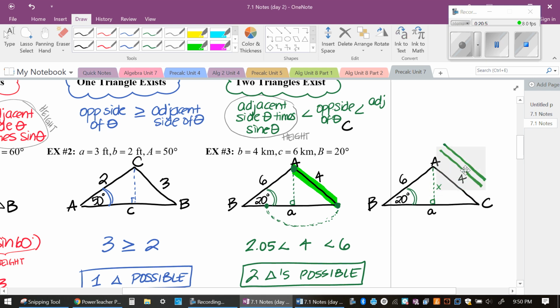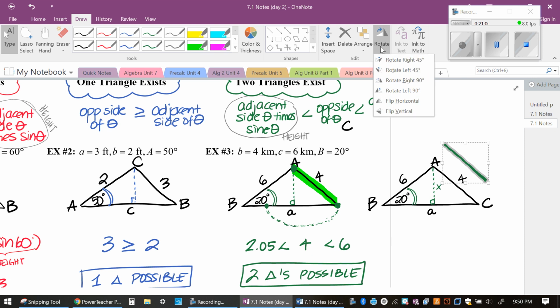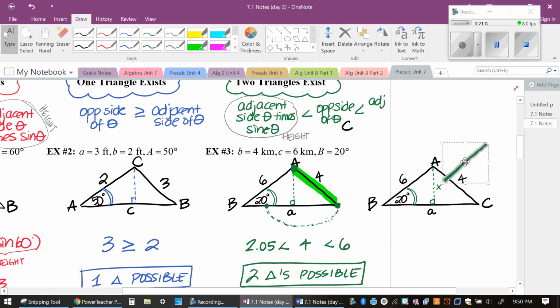So if I were to take this 4, just imagine it was like a little matchstick or a pen on paper, and rotate it, so think of it swinging it around, put it over here. It's going to be tight, but you can see that it forms another triangle. Where the 20 is, I know it's teeny tiny, but that's where the other triangle is.